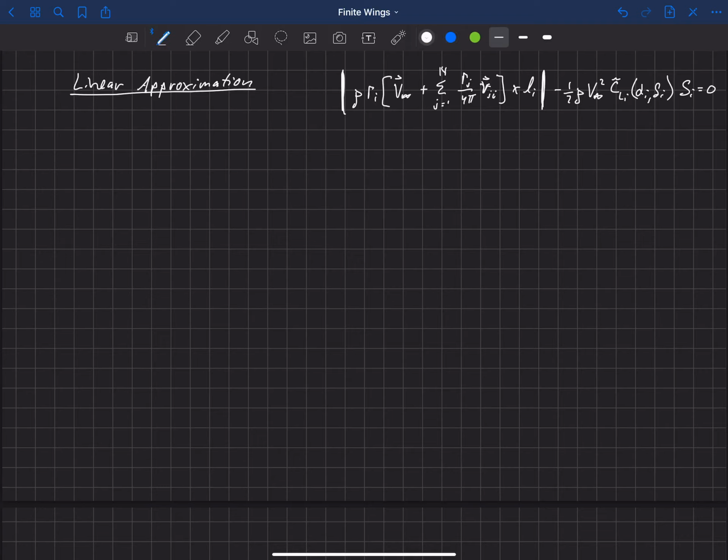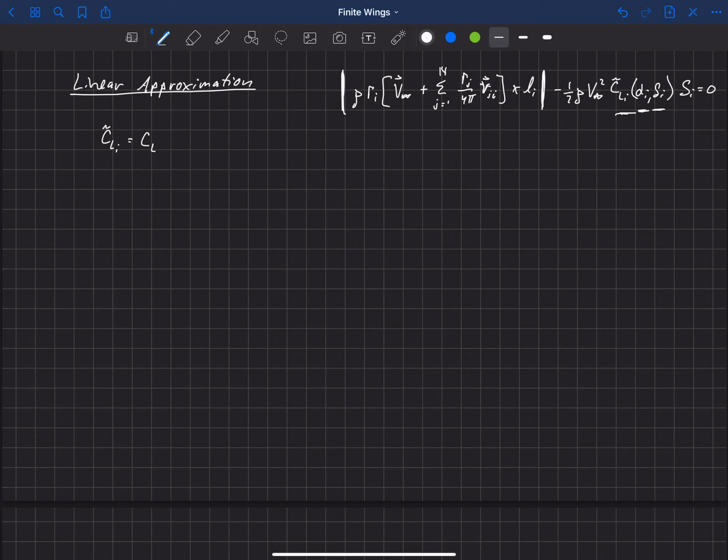First of all, we're going to look at this lift coefficient over here, the CLI. In general, that can be a function of our angle of attack and deflection. If we have a flap deflection, well, we can assume that that's going to be a linear function of an angle of attack.